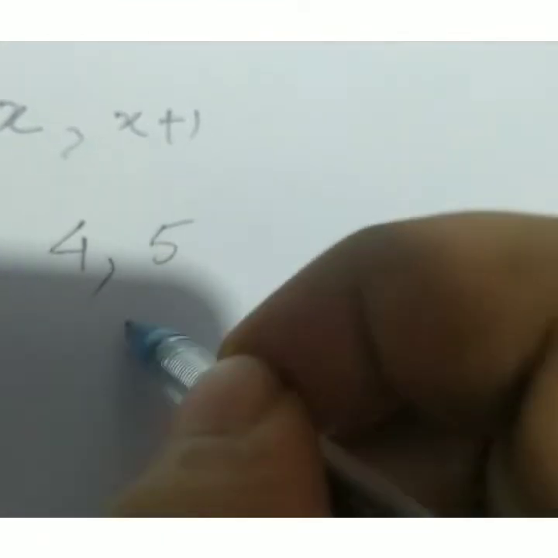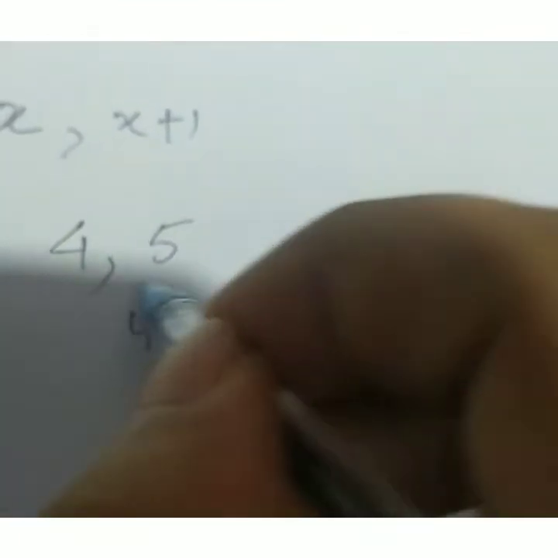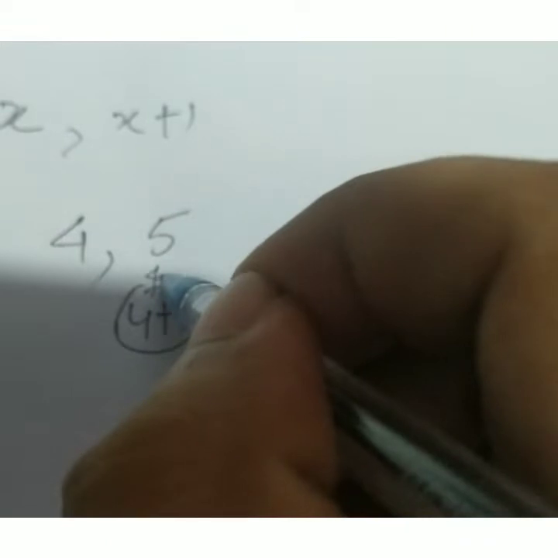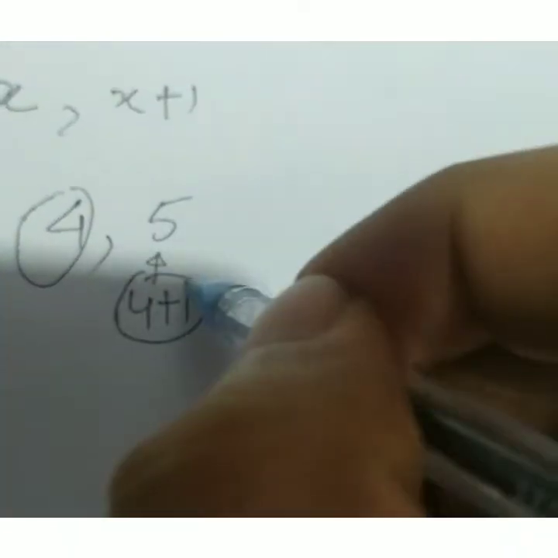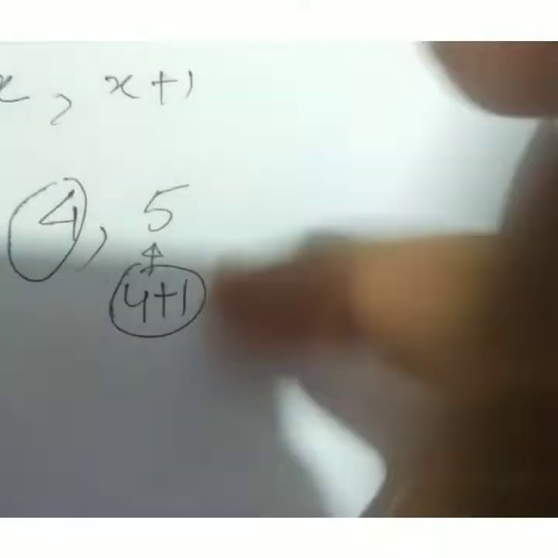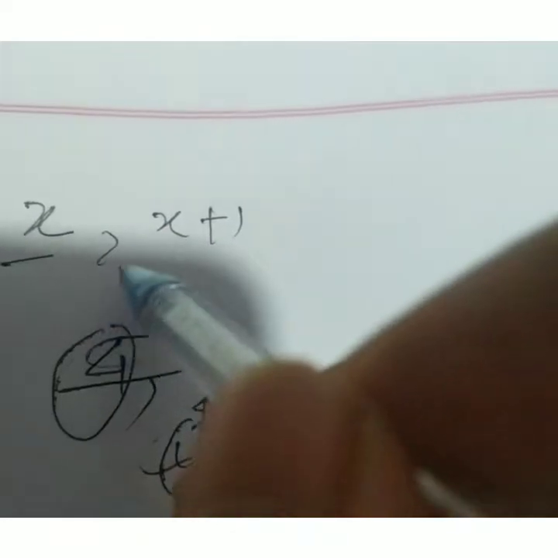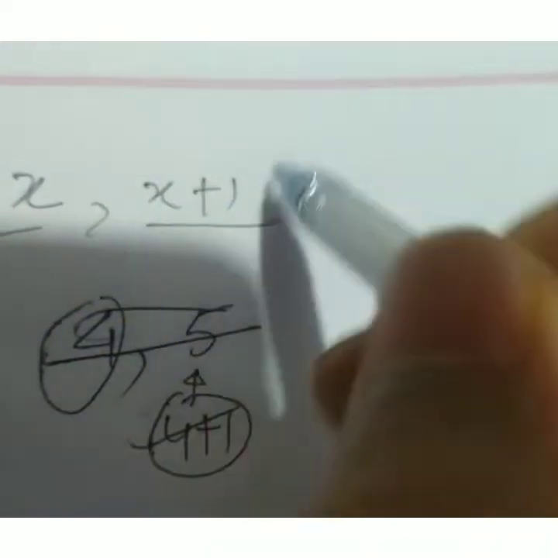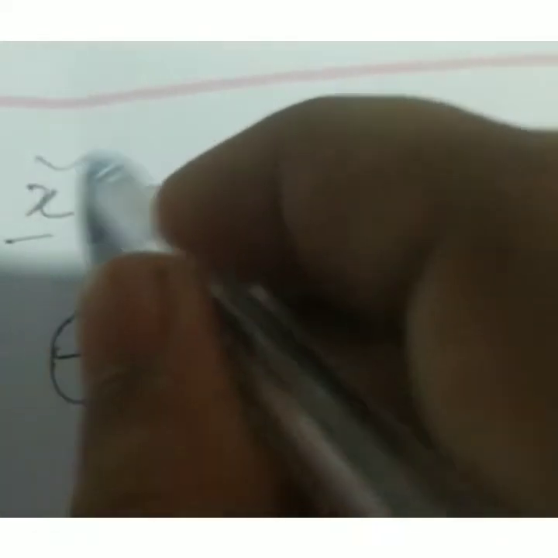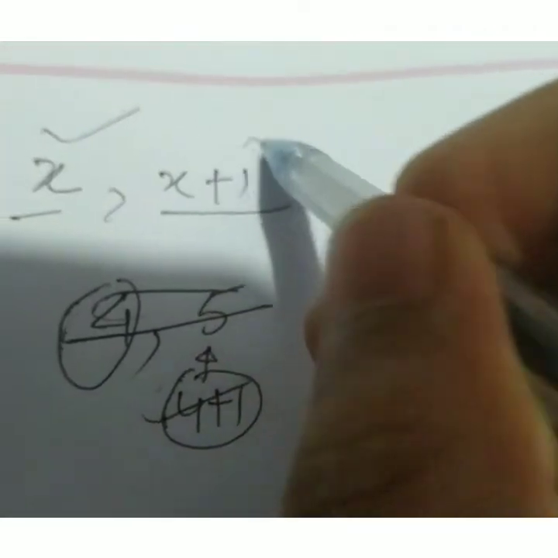How do we get the next number? If I just add 1, I get the next number, right? If the first number is 4, the next number is 1 plus the previous number. Since I don't know the consecutive numbers, if the first number is x, the second number should be x plus 1, right? The first number is x, the second number should be x plus 1.